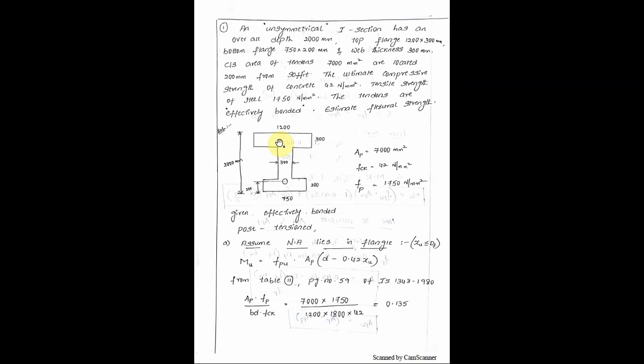It is an I section with flange width 1200 and depth 300, overall depth 2000 mm, and web thickness 300 mm.